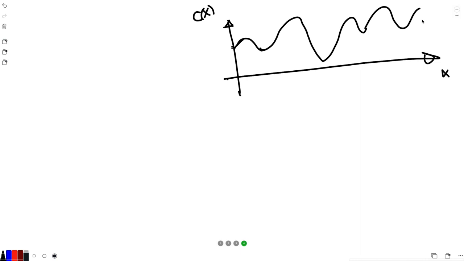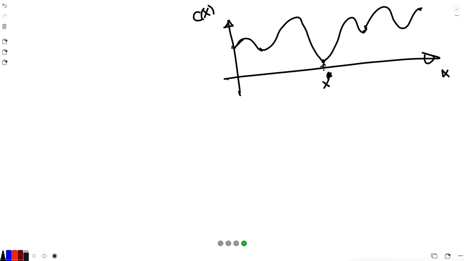Now assume this is the minimum, since we are looking for the minimum cost function. Assume this is the global minimum.